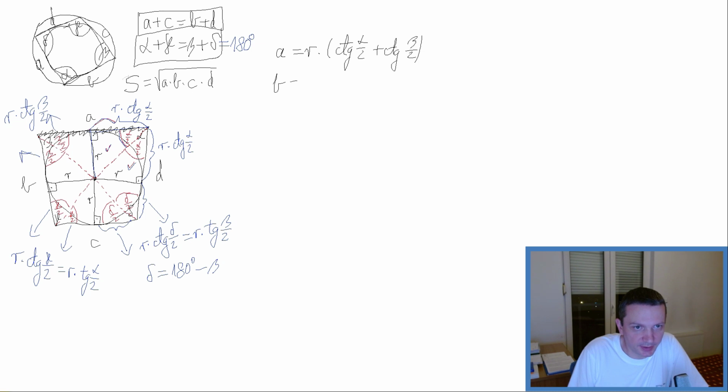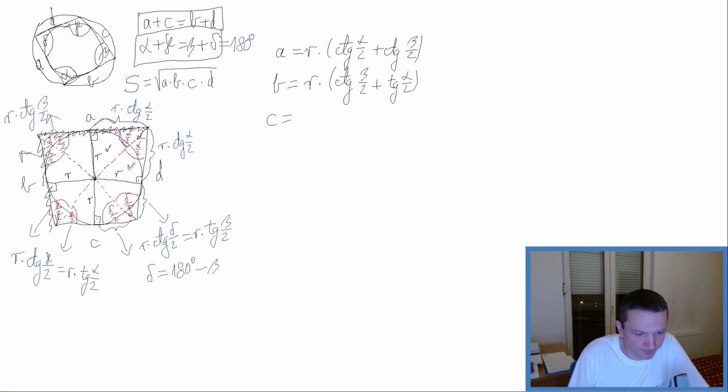The side B is equal to this plus this, which is actually r times the cotangent of beta half plus the tangent of alpha half.